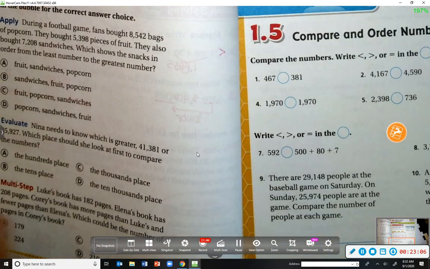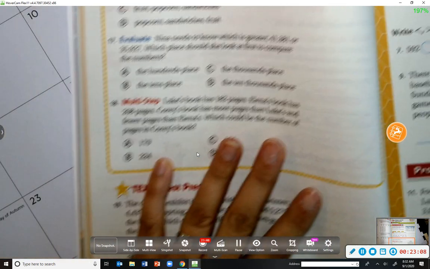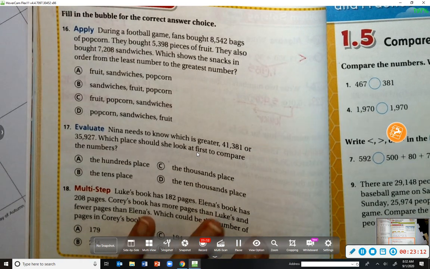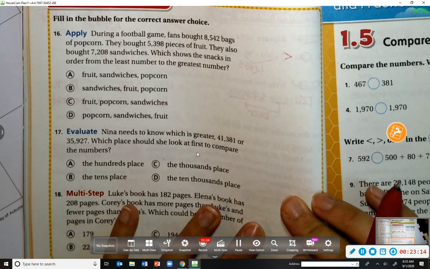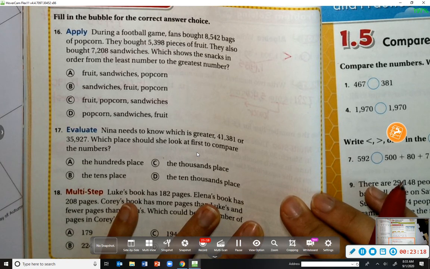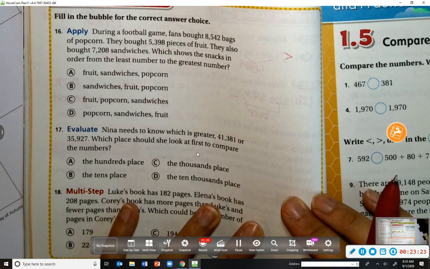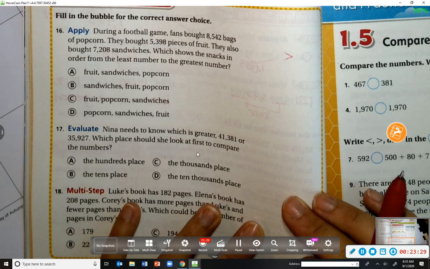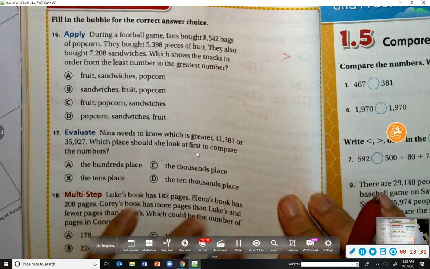So let's practice some word problems and then you guys will be on your own to do your assignment in Seesaw. So number 16 says, during a football game, fans bought 8,542 bags of popcorn. They bought 5,398 pieces of fruit. They also bought 7,208 sandwiches. Which shows the snacks in order from least number to the greatest number?